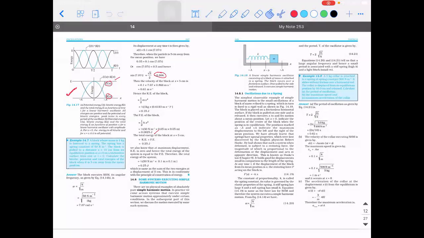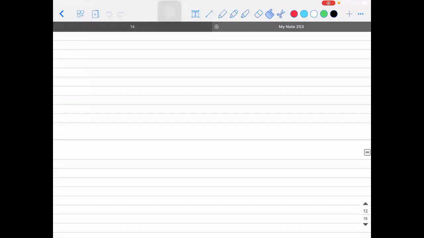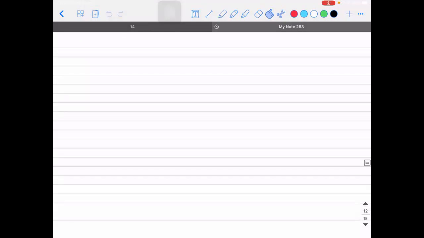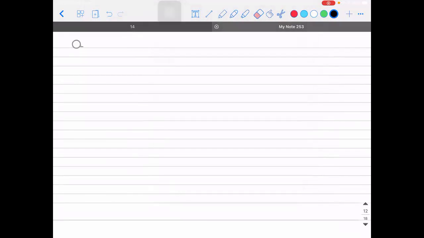So the last two important topics that are left out in this chapter are the methods to calculate the time period.